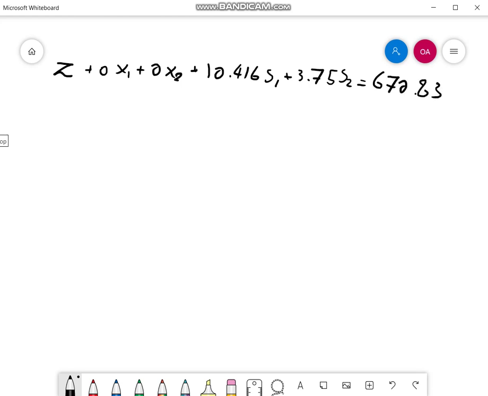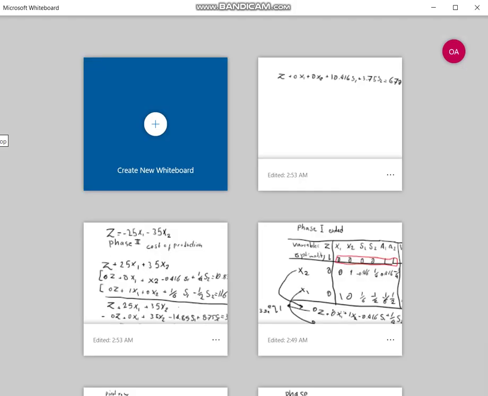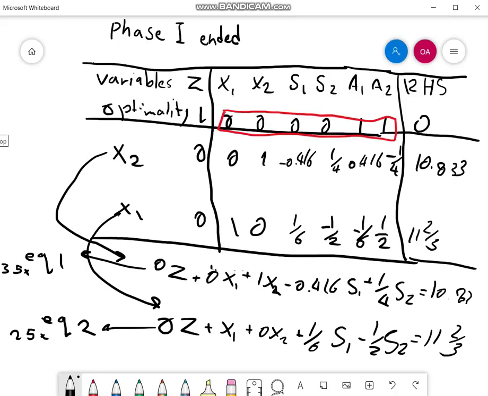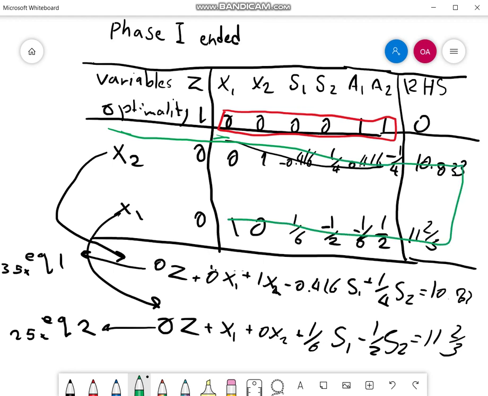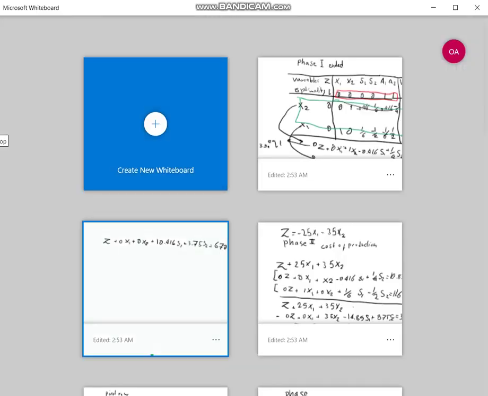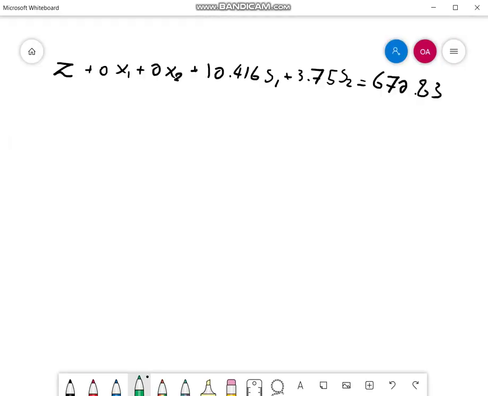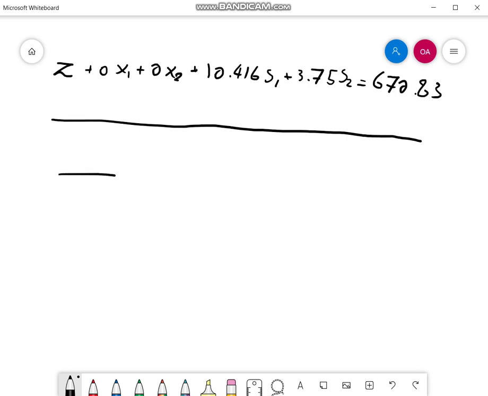Now for the other equations, I will just take them immediately from the first phase. I just copy and paste these equations from here. The tableau from here is the same, so I don't need to make any change in these other two variables. When I start my tableau, I will just change my optimality row.